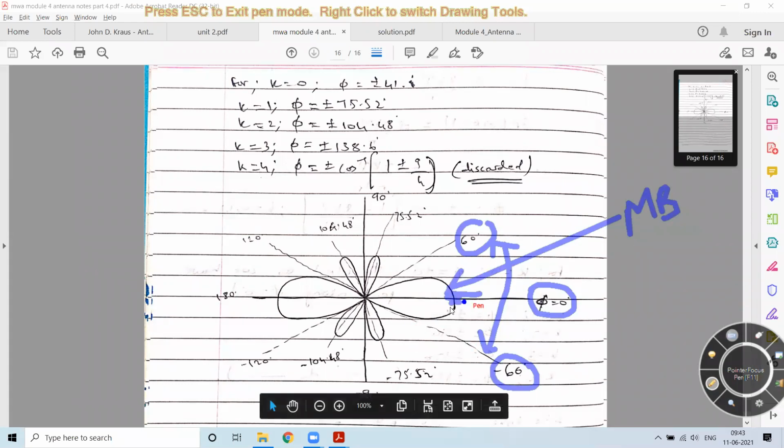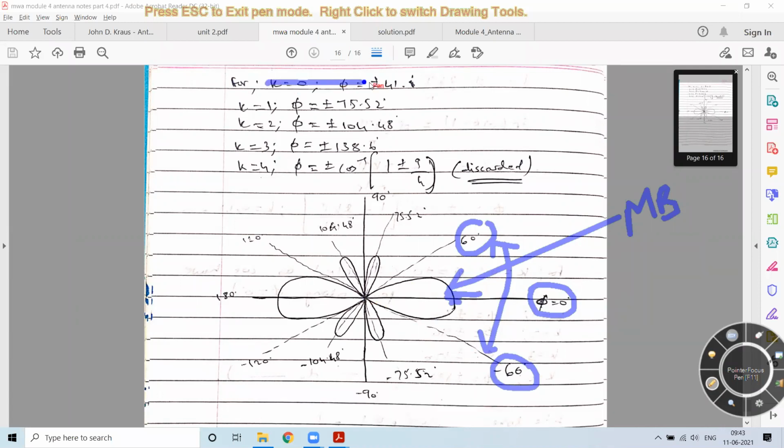So if I have a major lobe over here between 60 and minus 60, I cannot have a side lobe present over here. So this condition has to be discarded. You cannot have a side lobe at plus minus 41 degrees.